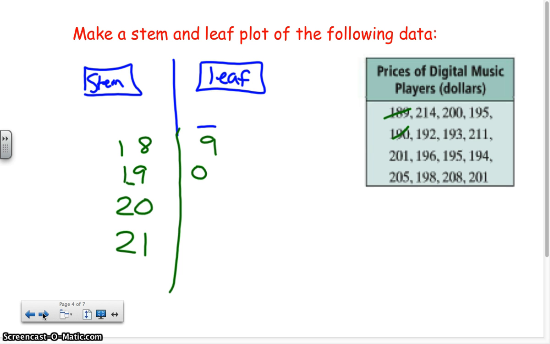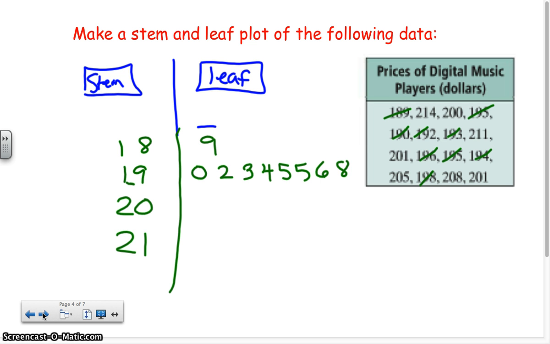It looks like I have a 192, so I write a 2. I would write a 3 for 193. I have a 194. Looks like I have 2 195s, so I write 2 5s. And then I have a 196 and a 198. And that looks like about all I have for the 190s.